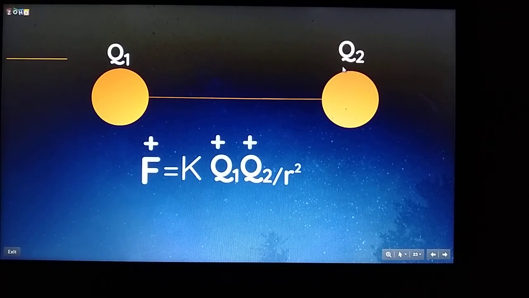Hence the force is positive, so it is repulsive. Similarly, the product of two negative numbers is also a positive number, hence the force is positive, so it will repel. Now the product of positive and negative is negative, and a negative force means it is of attraction.